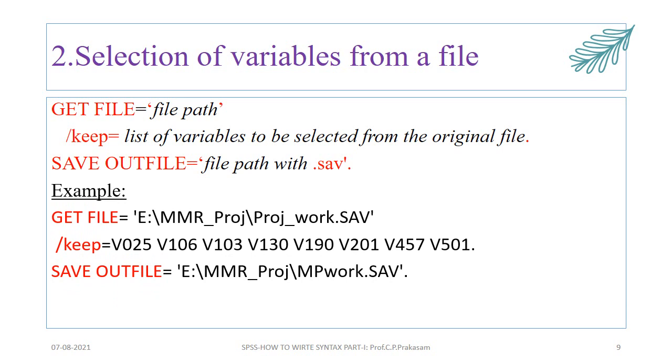Then in the example, GET FILE equals to, since we have saved proj_work.sav, from that we are going to select /KEEP equals to, any number of variables whichever researchers are interested in. There should be only a space between the variables, and at the end of the line you should have a dot.